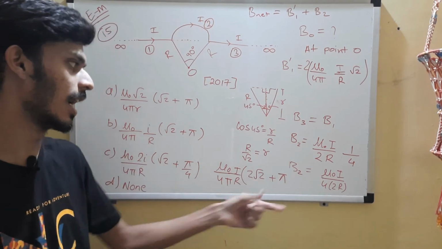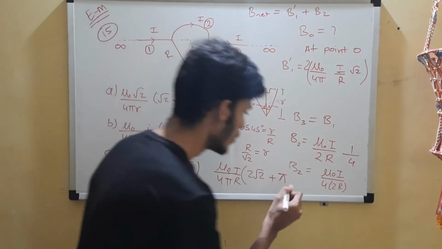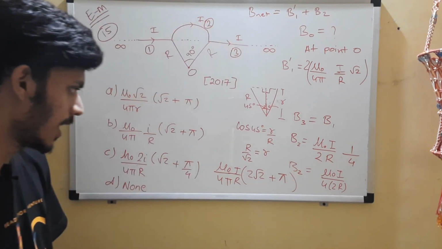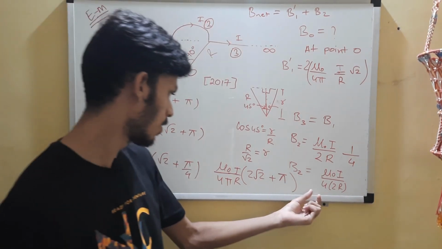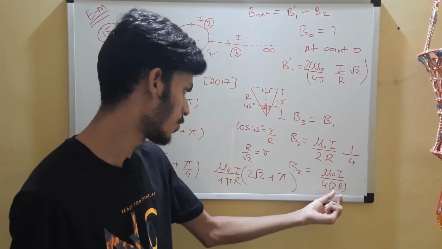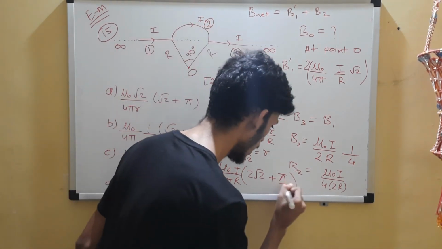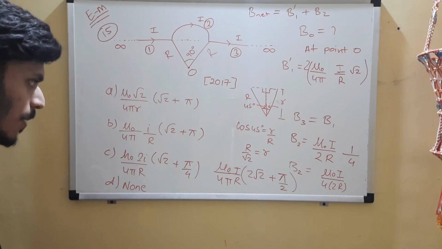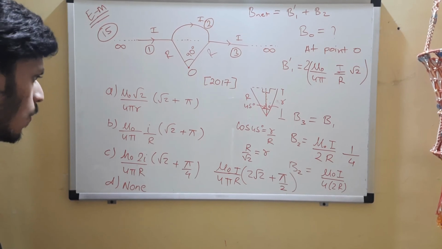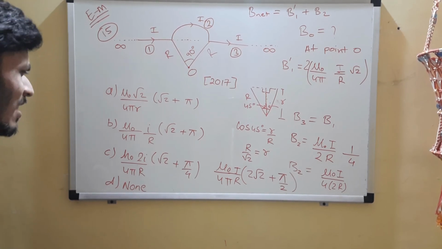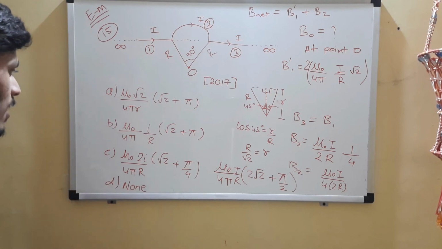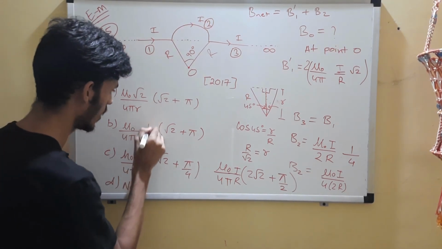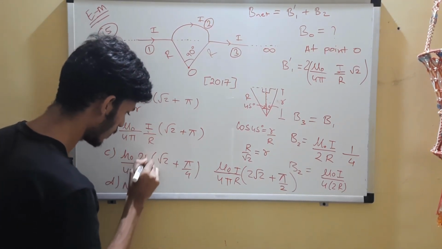Pi and pi will get cancelled, you will reach back over here. So pi, and what is left over there, I took 4 common, I is common, r is common, so 2 is left. So mu 0 I upon 4 pi r, 2 root 2 plus pi by 2, is it none? So let us try one more. Here the I should be capital I, sorry.